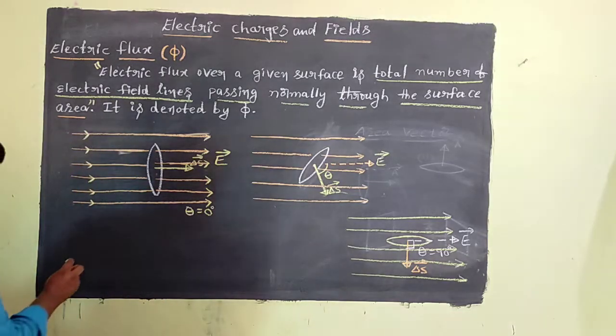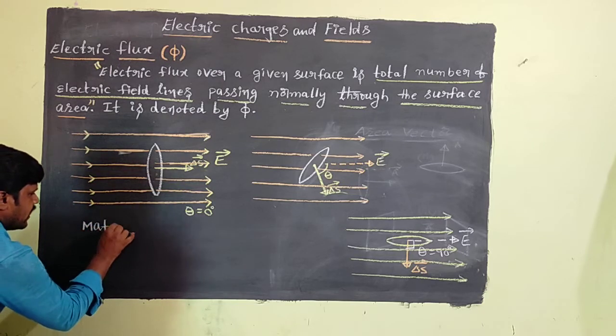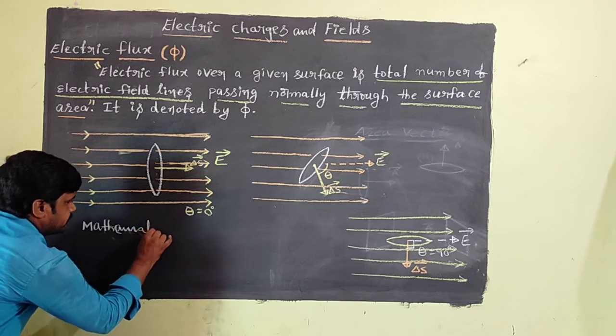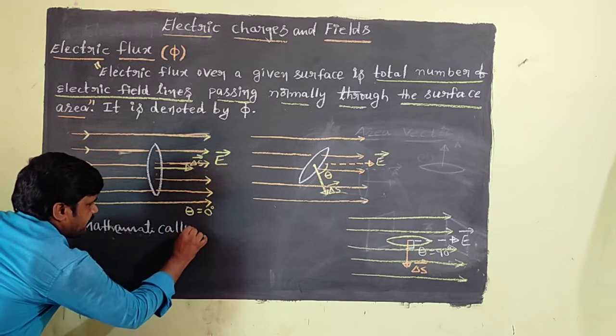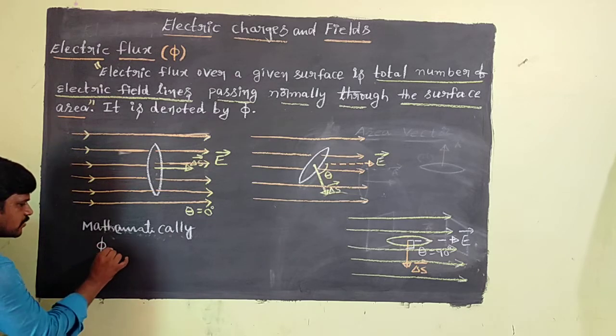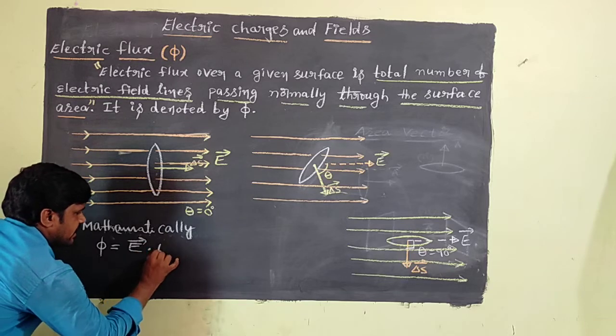Now electric flux, mathematically, can be written as flux phi is equal to E bar dot A bar.